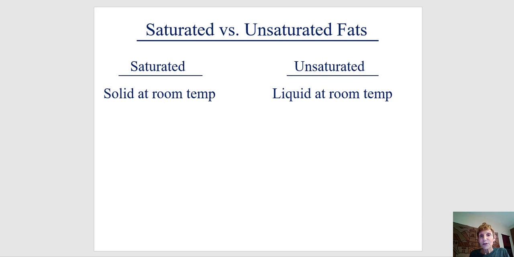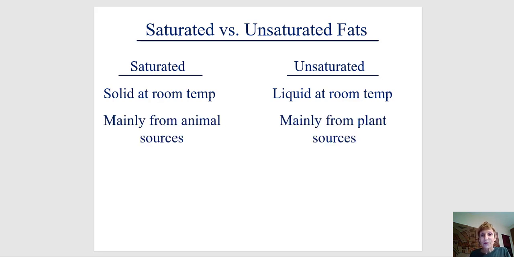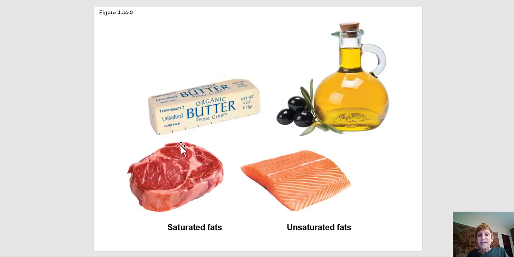Another difference between the two is where they come from or who makes them. In general, saturated fats are mainly from animal sources, whereas unsaturated fats are mainly from plant sources. Now, there are exceptions. So, for example, saturated fats include butter from animals, meat, beef from animals, and unsaturated fats, all of the oils that we have, vegetable oil, canola oil, olives, avocados, all of those contain unsaturated fats.